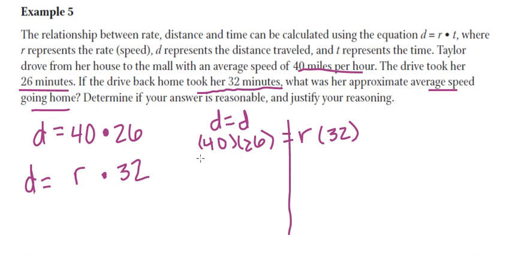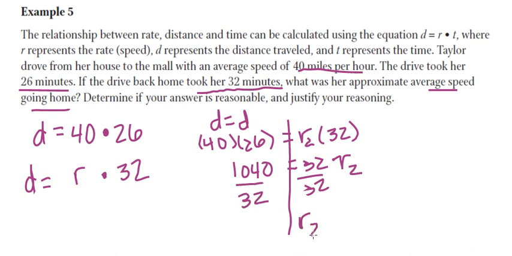So when I go to solve this and I multiply here, I get 1040, and that is going to be equal to 32 times R2, because this would be R1T1 equals R2T2. So I would divide by 32 here, and I would get that the rate going home would have to be 32.5 miles per hour.